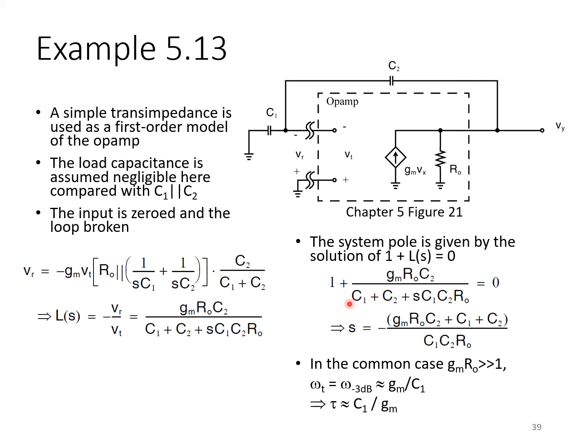So this is still a fairly complex expression, but it's a very reasonable approximation to assume that the OTA itself has a relatively large DC gain. That is, that the product of GM and Rout is much greater than 1. If that's not the case, we really don't have much of an op-amp at all here. So this is certainly a pretty reasonable approximation to make. And having done so, we can now neglect these two terms here.